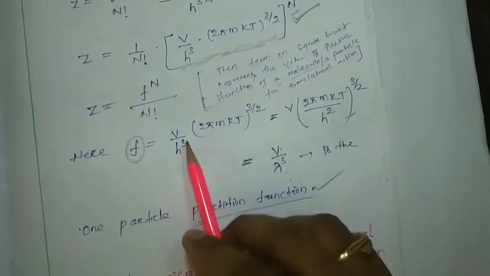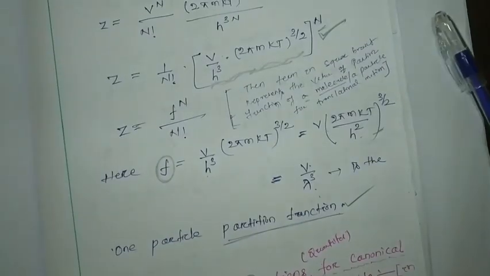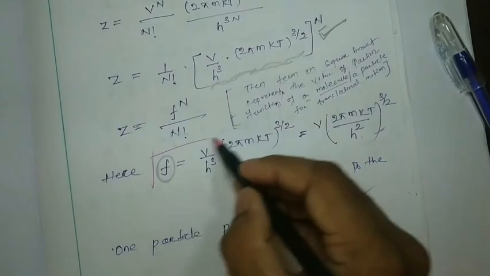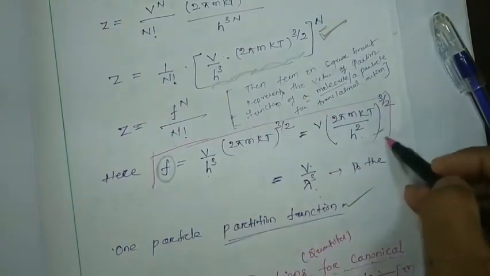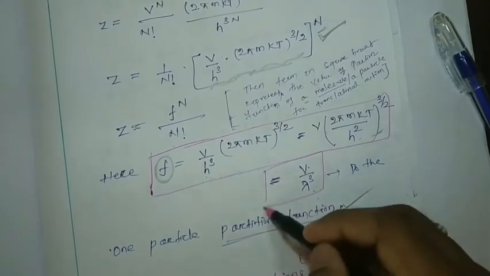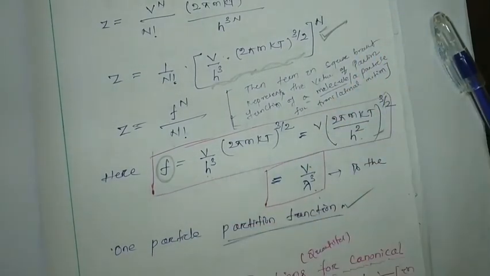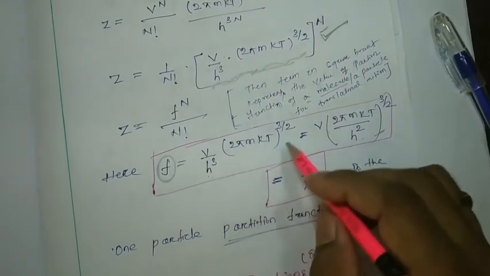The value is (V/h³)(2πmkT)^(3/2). This expression you just remember. This is most important for doing problems. Many questions are asked in entrance examinations only to write down the partition function of a single molecule, so different options will be there.